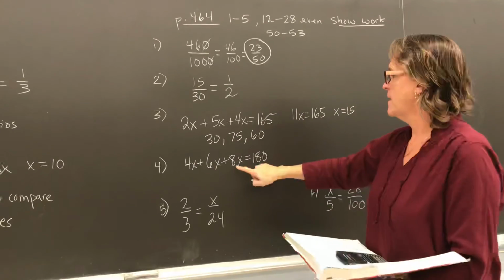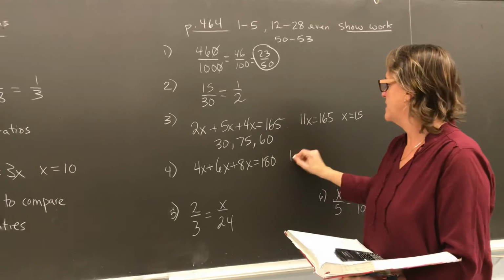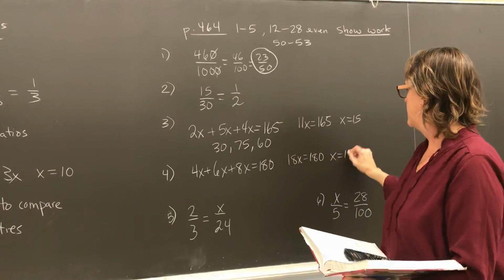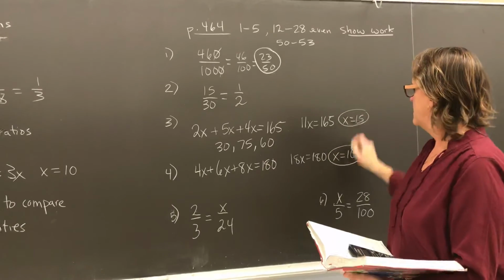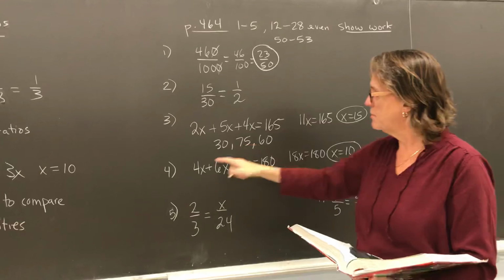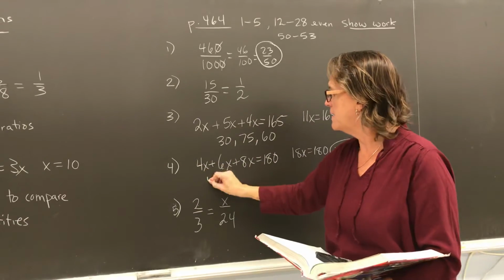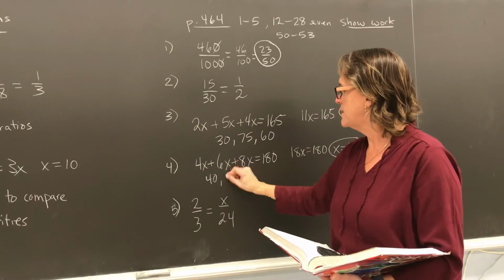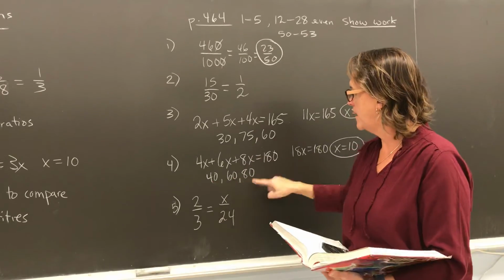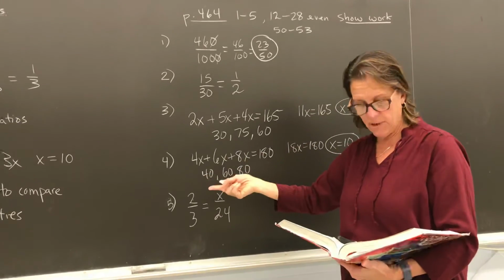All right, let's figure this out. 18x equals 180. Divide, x is 10. So now, again, I'm not done, I just found x. So put them back in. 4 times 10 is 40, 6 times 10 is 60, 8 times 10 is 80. If I add these up, I get 180, so I did it correct.